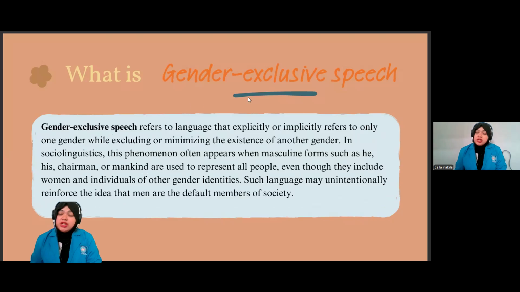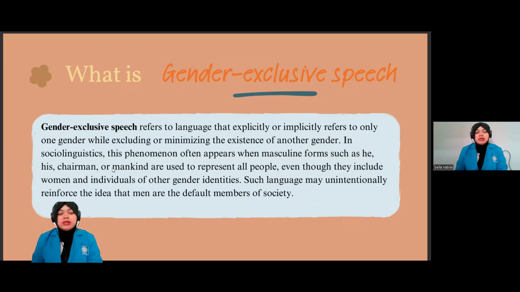Next, what is gender exclusive speech? Gender exclusive speech refers to language that explicitly or implicitly refers to only one gender, while excluding or minimizing the existence of another gender.